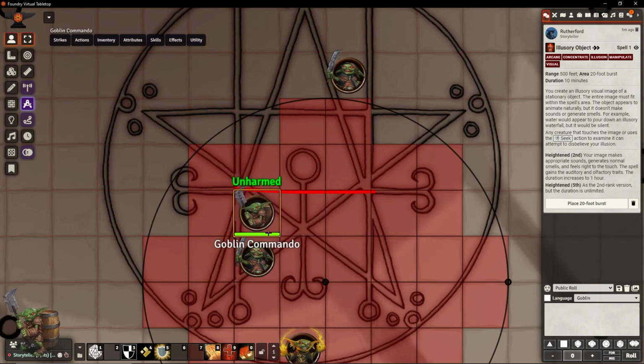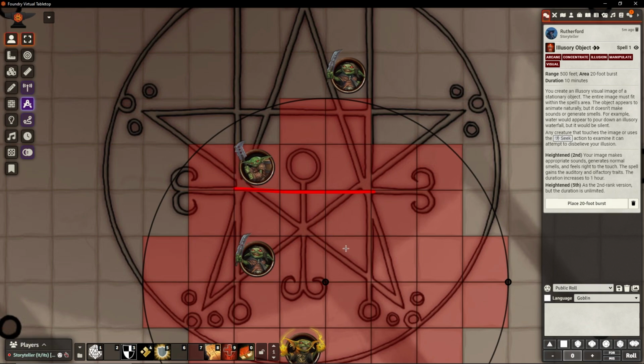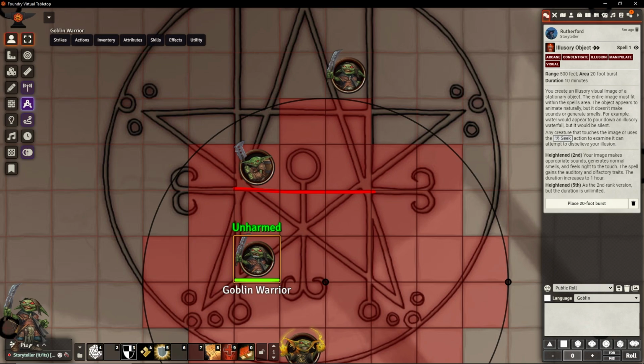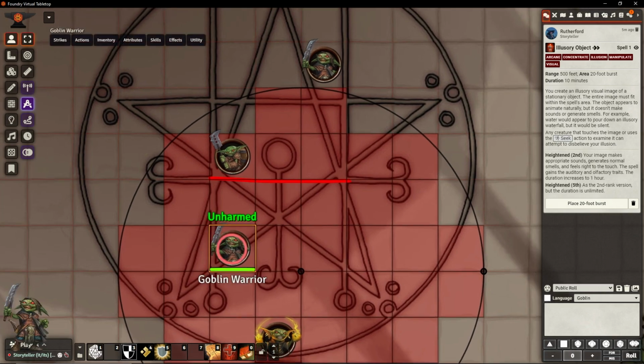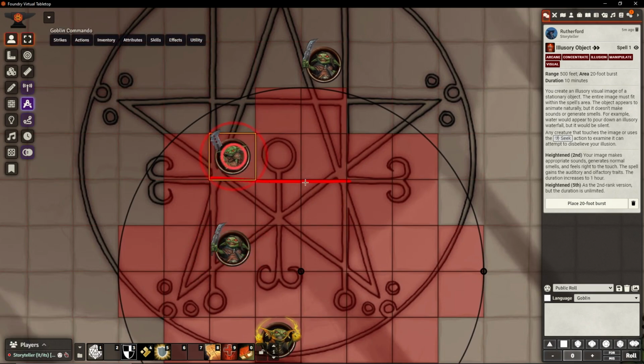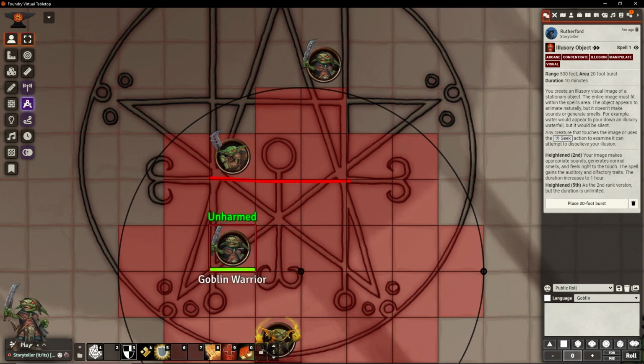And then if this was an enemy and an ally, or a party member, I should say, then I tend to favor the person spending the actions in these circumstances. And so that would mean that this Goblin Warrior would get to make the disbelief check, but the Goblin Commando would not. But either way, the Goblin Commando will go through the wall because, again, illusions are not real, even though you believe they are.